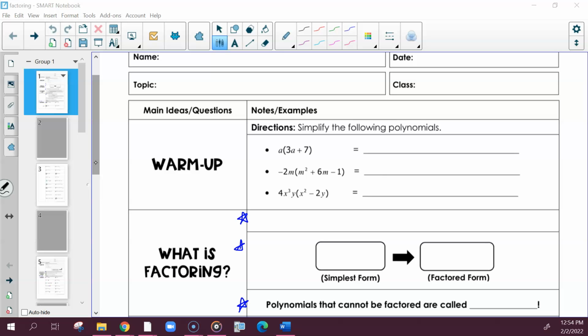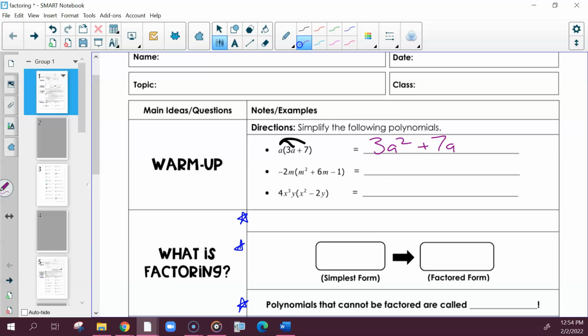What would I need to do here? Multiply. So I'm distributing. Here, when I'm multiplying, if I have an A and I'm multiplying it to another A, I'm going to make that A squared, not 2A. And then A times 7 would give me 7A. Same thing for the next one, except now I have an M and an M squared.